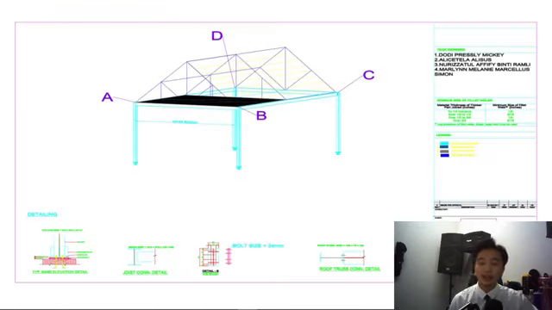And as you can see here, this is our AutoCAD design for steel structure and design that was made by us according to the rules.